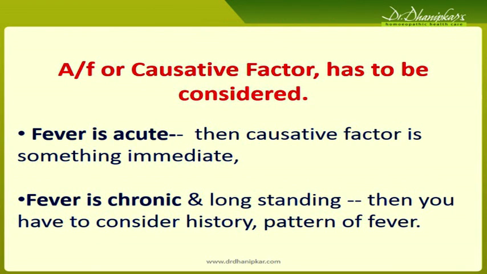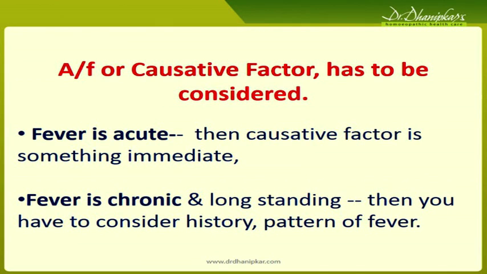Now, when you are taking the history, as I mentioned earlier, the causative factor is most important. What is the causative factor? What is something that happened immediately which resulted in fever? It can be an exposure to cold or anything, an infection, but it is very important to note that it is not always that the causative factor determines the remedy, but it always determines the change that had occurred in the patient after the cause.